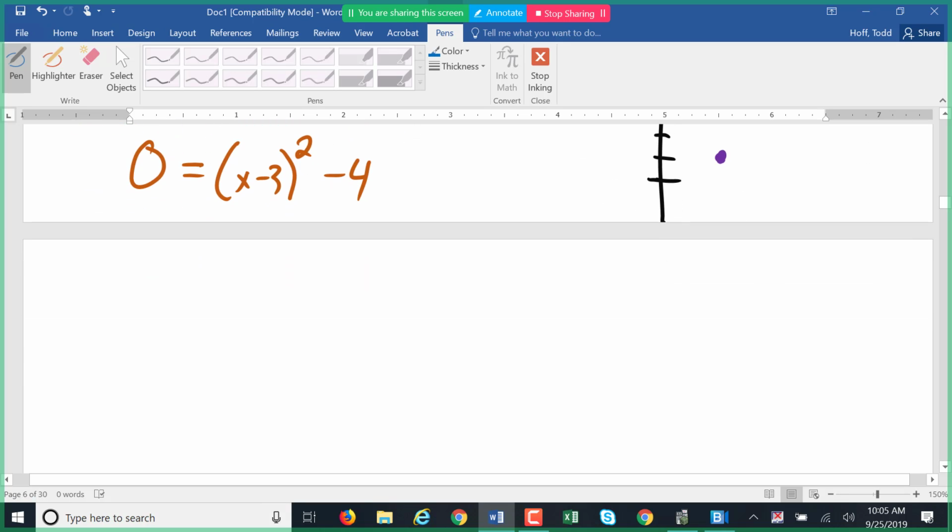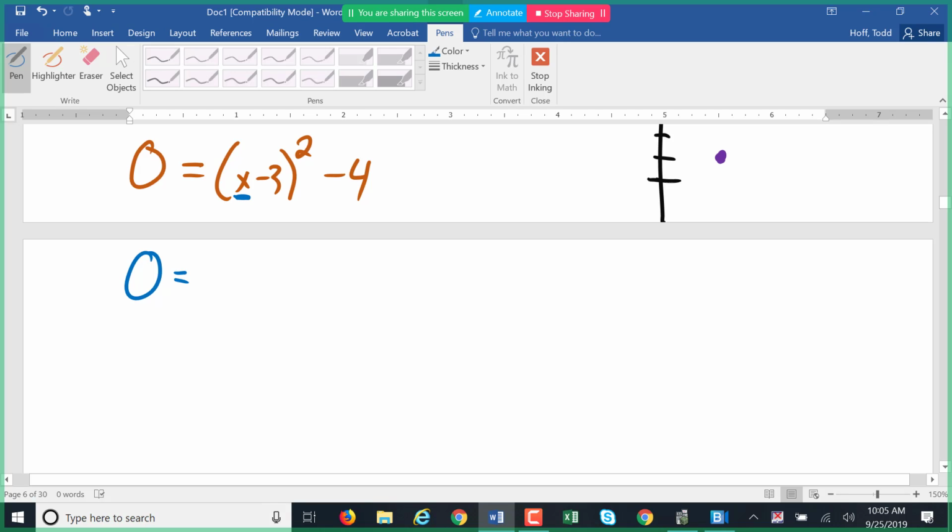Now I've got to do a little work here. I have to multiply the (x - 3)². This is where that perfect square trinomial comes in again. We're going to use them over and over throughout the semester, so make sure you're good with them. This is a binomial squared, so it's going to give us a perfect square trinomial.